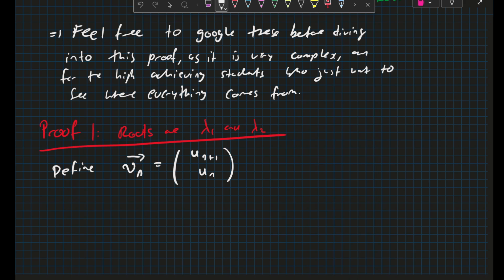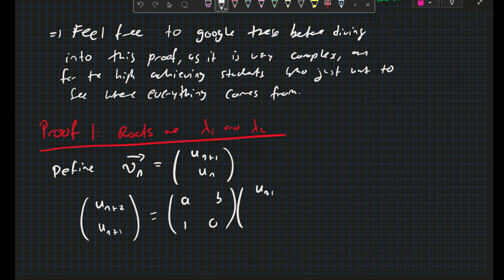However, through the use of matrix multiplication, we can rewrite any next term, so un plus 2 and un plus 1, as the 2 by 2 matrix (a, b; 1, 0) times the vector un plus 1, un. So if you were to multiply all these out, you'd get a times un plus 1 plus b times un.